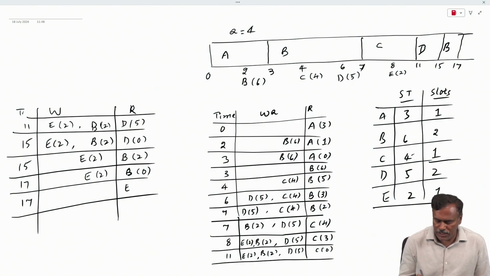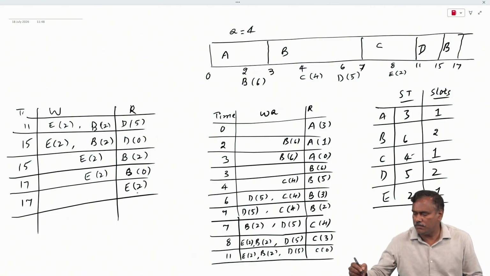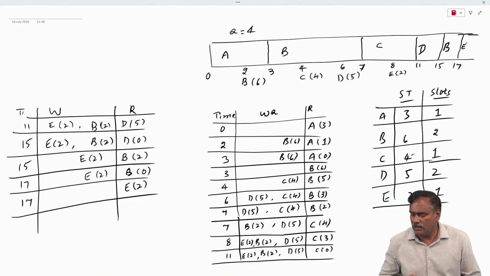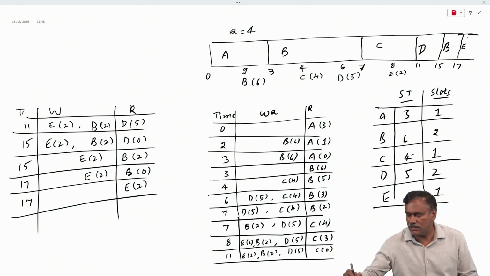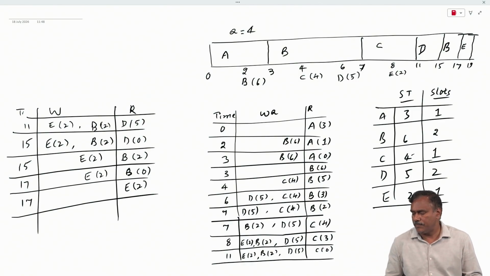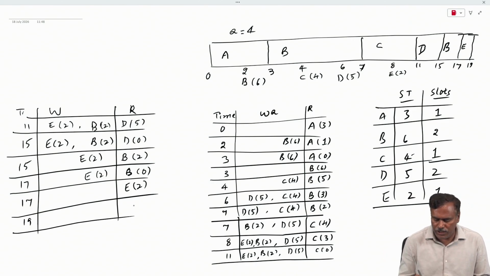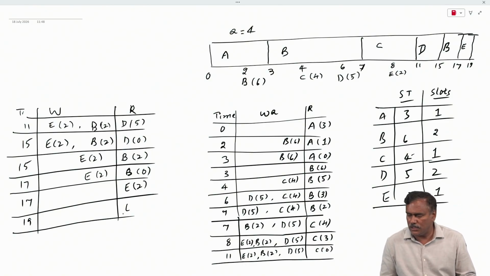You continue with the execution of process E. So from 17 to 19, the service time needed by this process is 2, which is smaller than the slice time. So till the 19th interval of time that process is going to continue, and by the 19th unit of time the remaining service time of E will become 0.